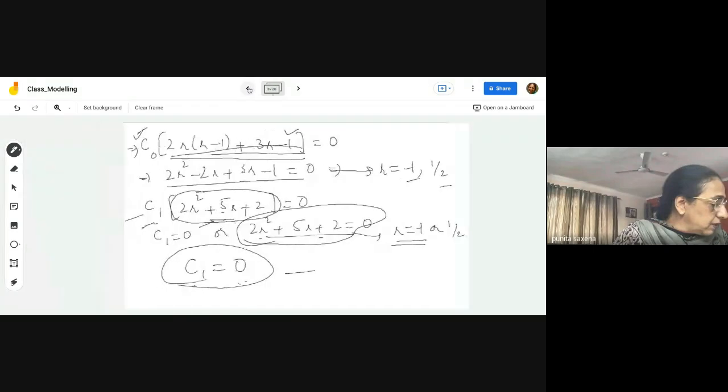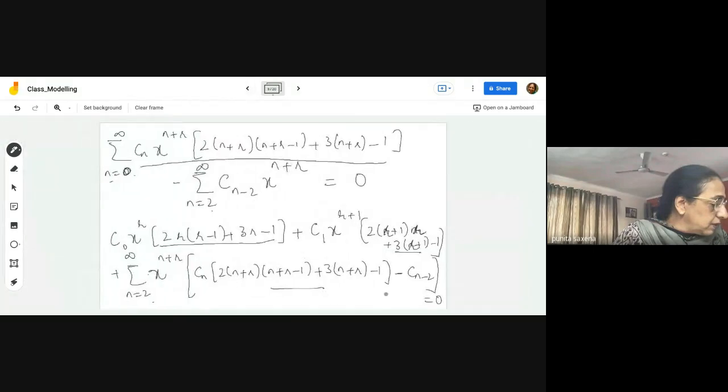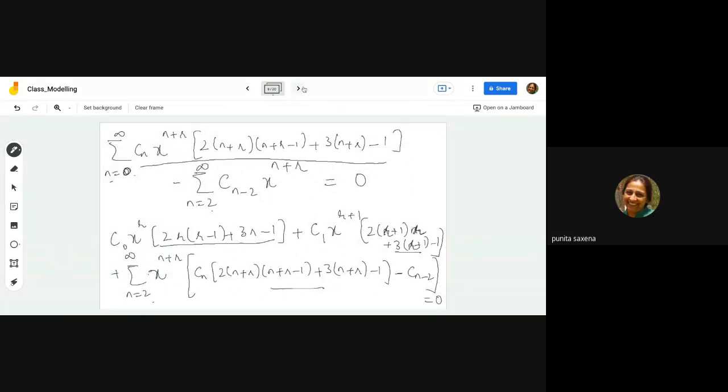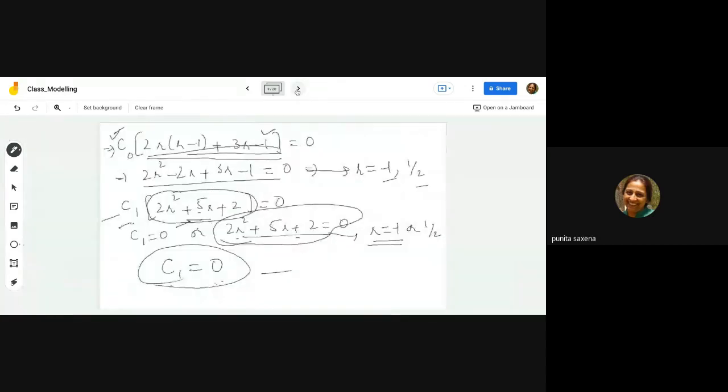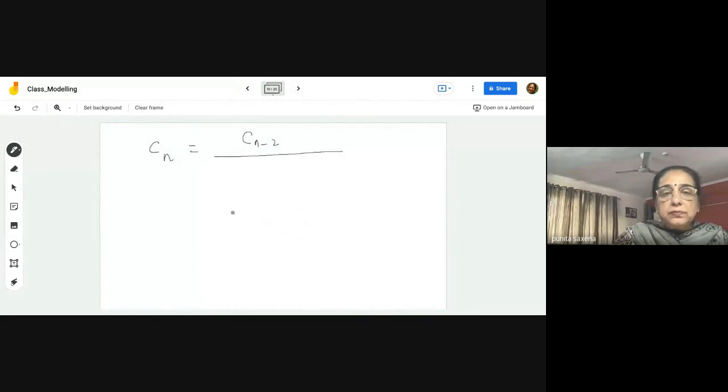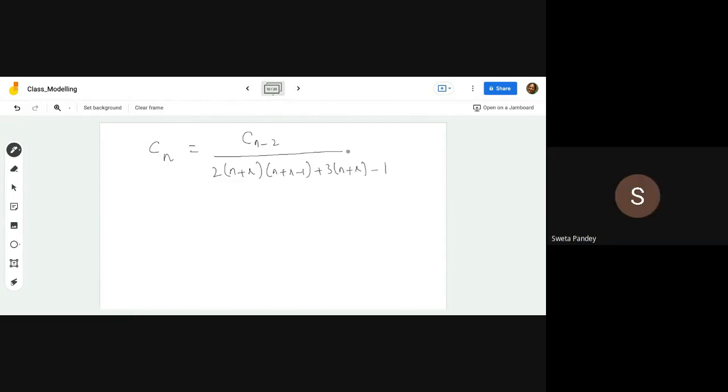I need to see it again. Yeah, this term. 2 into n plus r into n plus r minus 1, then plus 3 into n plus r minus 1. Right? यही था ना?